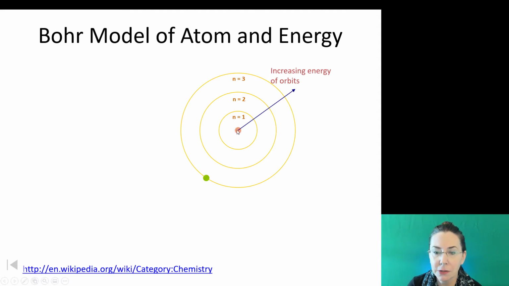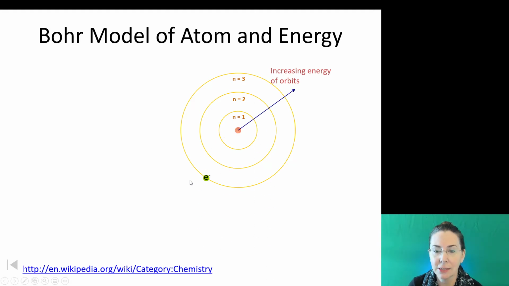So if this is our nucleus, and as we get further away from the nucleus, we have increasing amounts of energy in those orbits. Say we have 2 electrons in our first energy level, and here we have 8 in our next energy level, and we have 1 lonely electron out here in our third energy level.